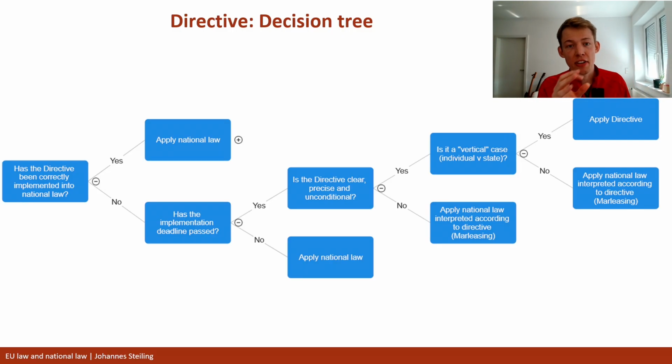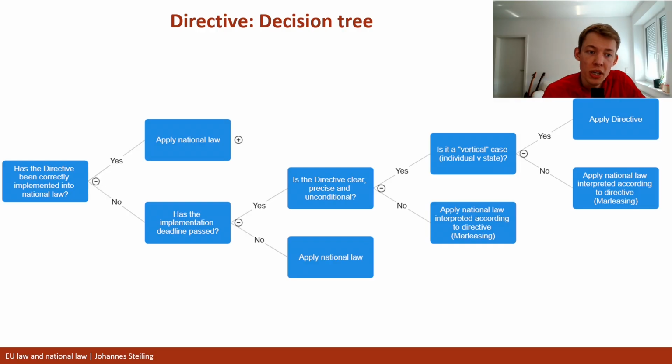Okay, let's say the directive has not been implemented correctly into national law. Second question, now I'm doing them a bit in the wrong order, but you remember the slide. Second question, has the implementation deadline passed? Now, if the implementation deadline hasn't passed, there's no primacy at all, right? Remember.